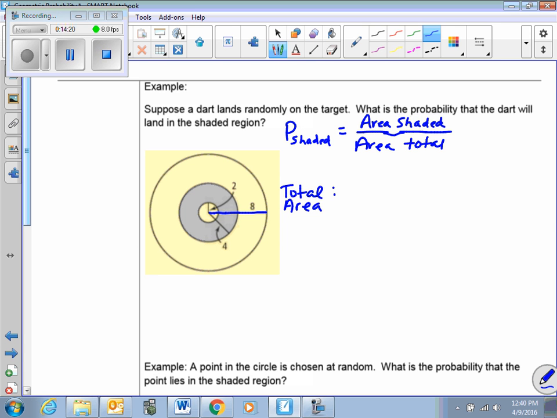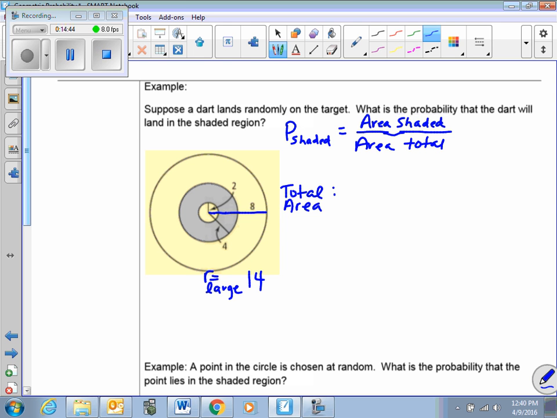So it looks like the radius of my large circle is, I'm going to write this down here, radius of the large circle, 8 plus 4 plus 2, 14. We don't have units, so that's what we got, 14.